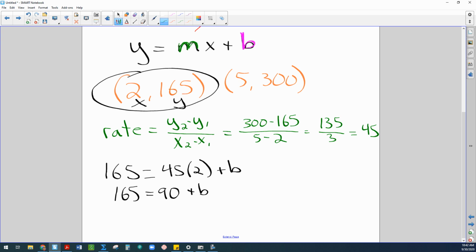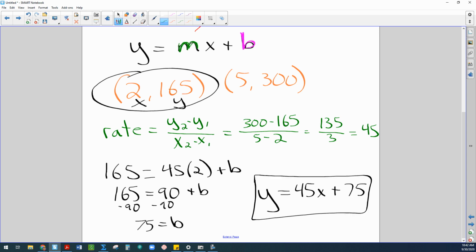And if I subtract 90 on both sides, I'll get 75 equals b. So my equation will be y equals 45x plus 75. I have a startup initial cost of joining the gym of $75, and it's going to cost me $45 each month.